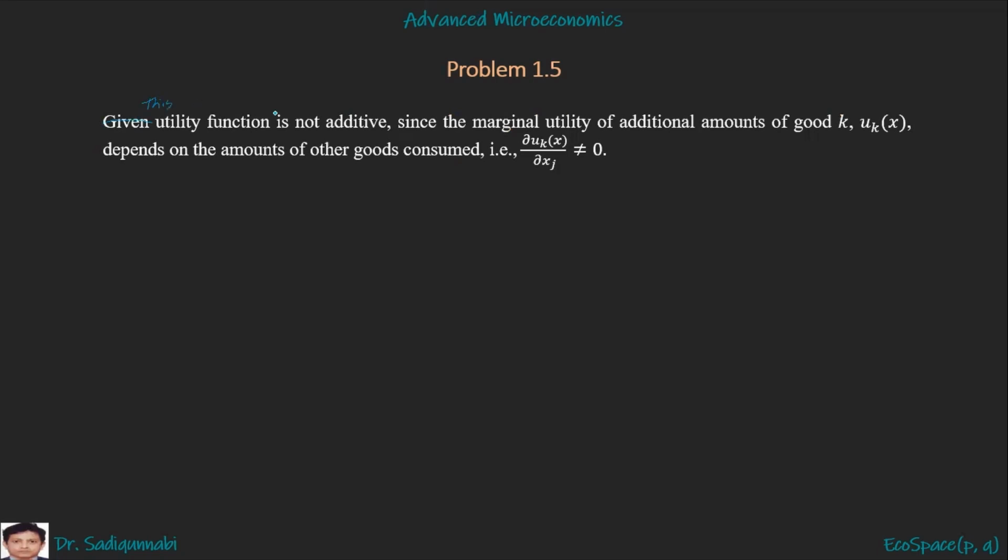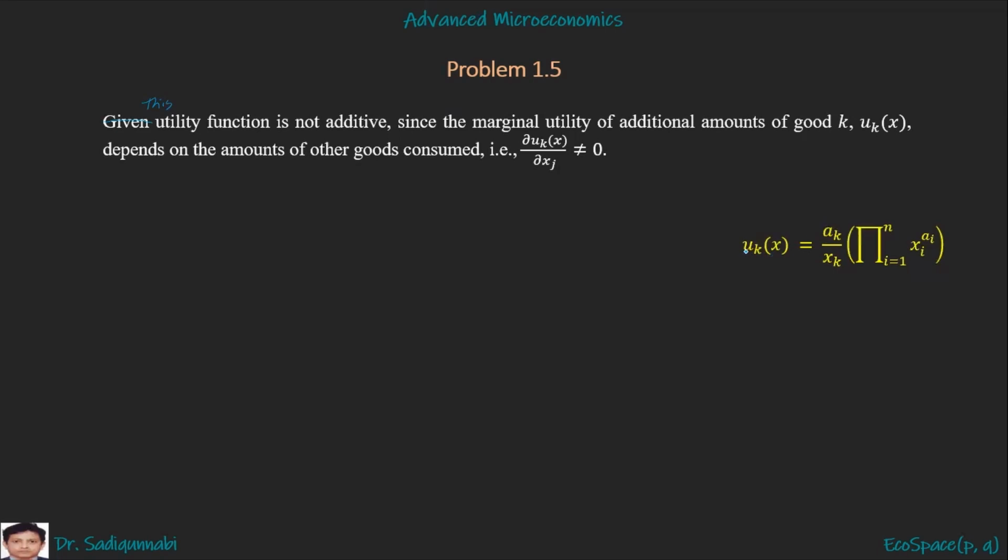This utility function is not additive since the marginal utility of an additional amount of good k depends on the amount of other goods. So if we take the first derivative of marginal utility with respect to another good j, it is not equal to 0.